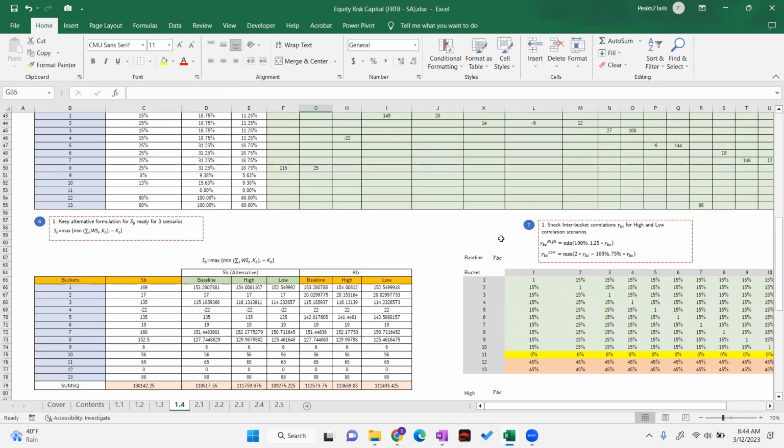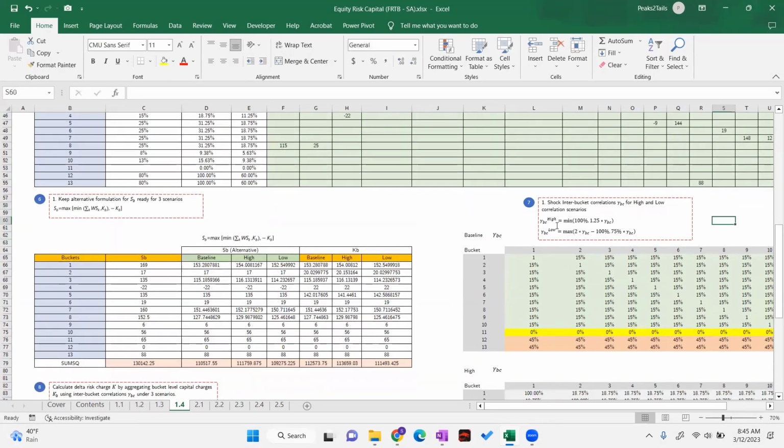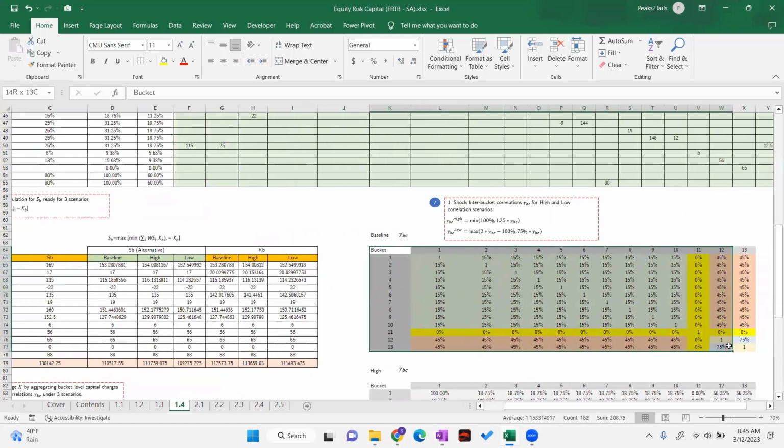Next, on the other side, we'll come back to this. On this other side, they have given the cross-bucket correlations, or inter-bucket correlations. That's called gamma BC. Gamma BC means it's between bucket B and bucket C, any 2 pairwise buckets. We have 13 buckets. When you aggregate across buckets, you need inter-bucket correlations. This is the baseline that they have given.